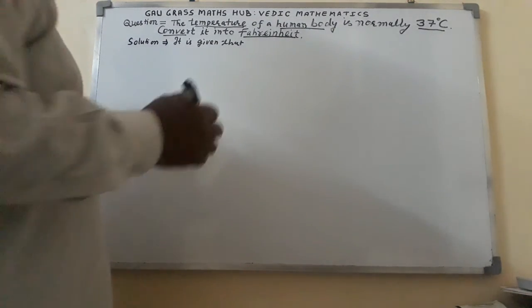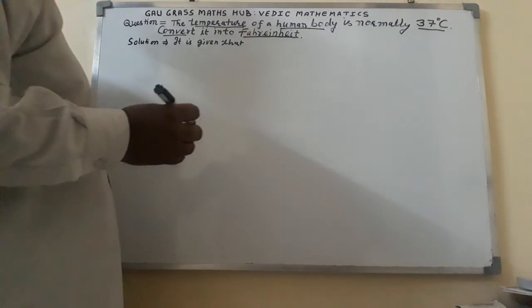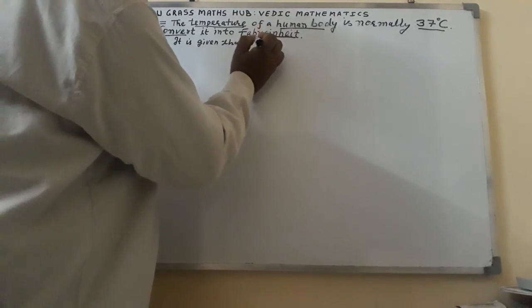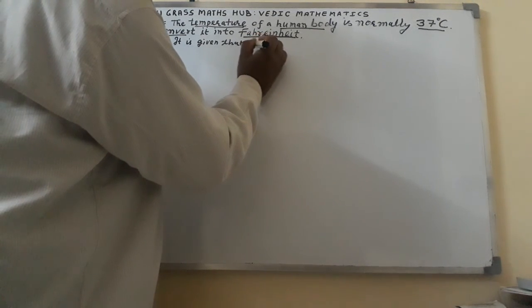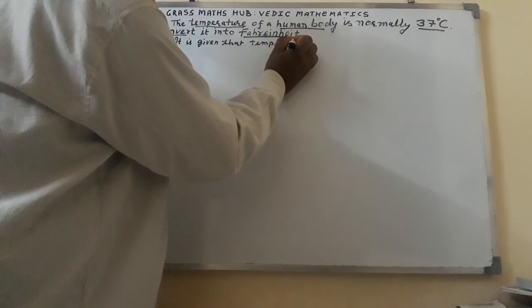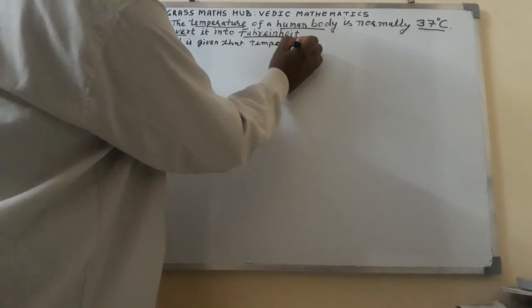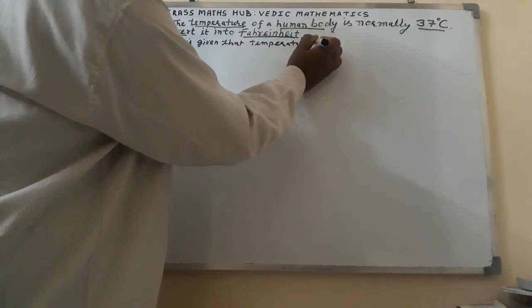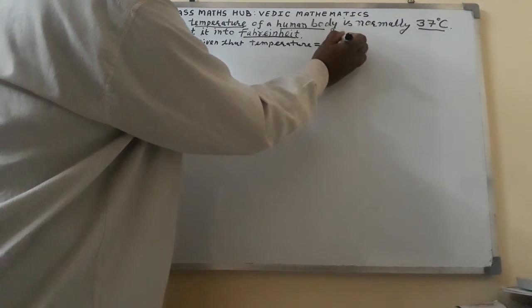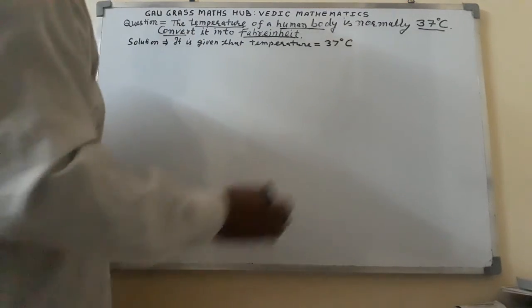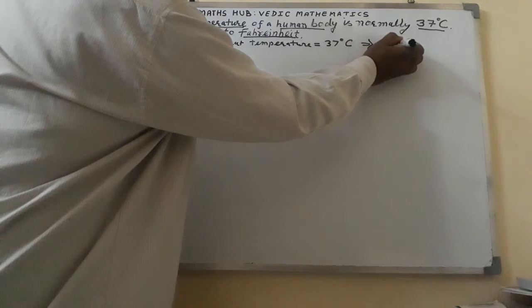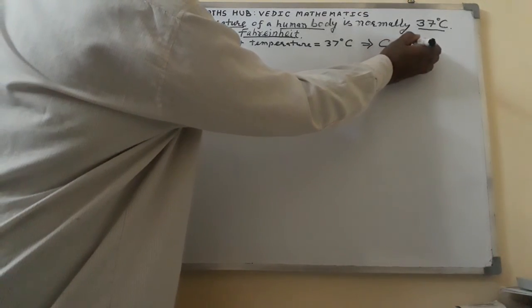It is given that temperature equal to 37 degree centigrade. This means that the value of C we have got is 37.